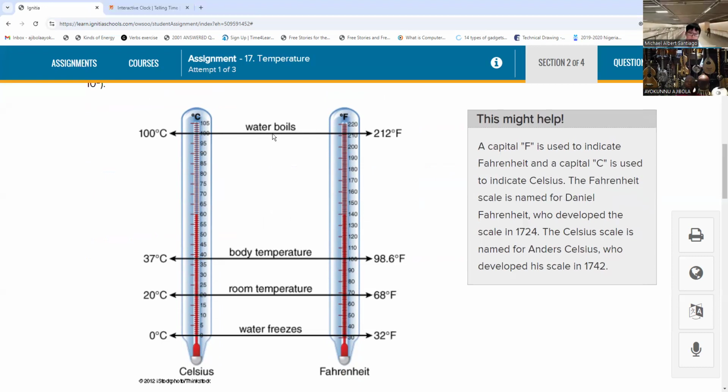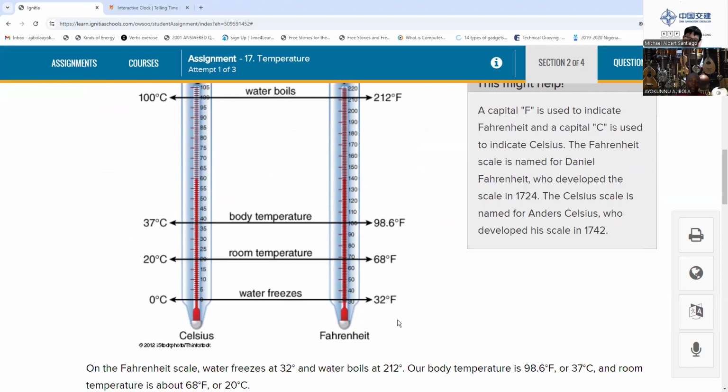Water boils at 100 or 212. Body temperature 37 or 98.6. Then room temperature 20 degrees C or 68 degrees Fahrenheit. Water freezes at 0 degrees C or 32 degrees Fahrenheit.